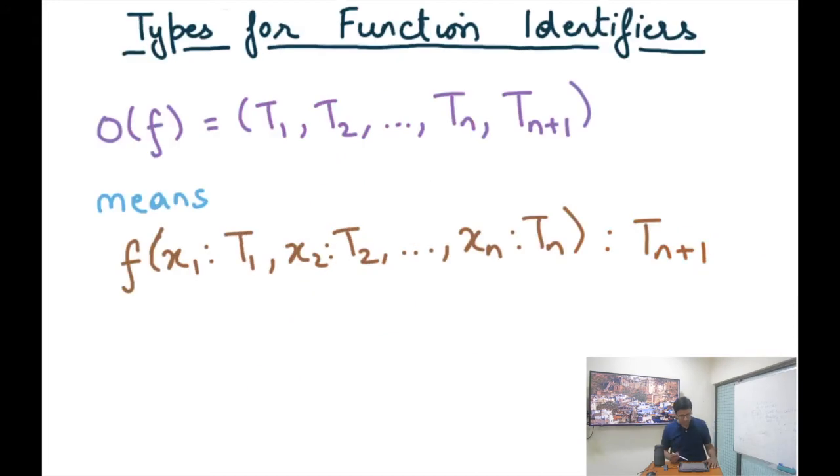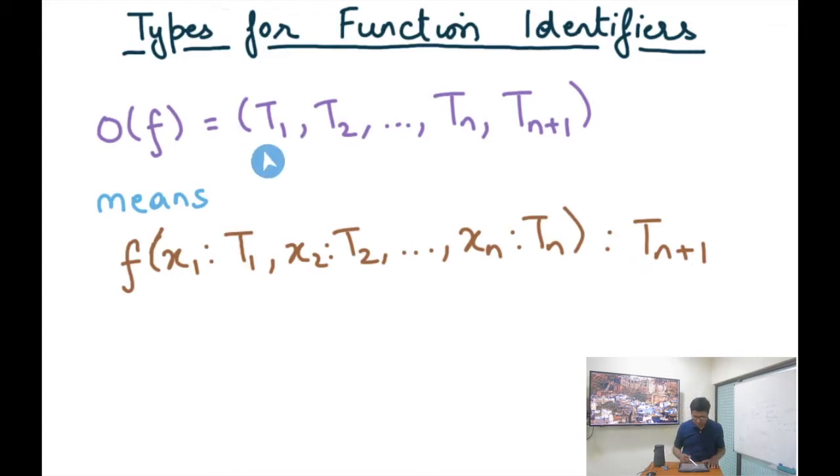All right. So here is the answer to the first question. I'm going to represent the type of a method or a function f as a tuple t1, t2, tn and tn plus 1 to represent the fact that f can take n arguments of types t1, t2, tn, and if it gets these arguments of these types, then it returns a value of type tn plus 1.